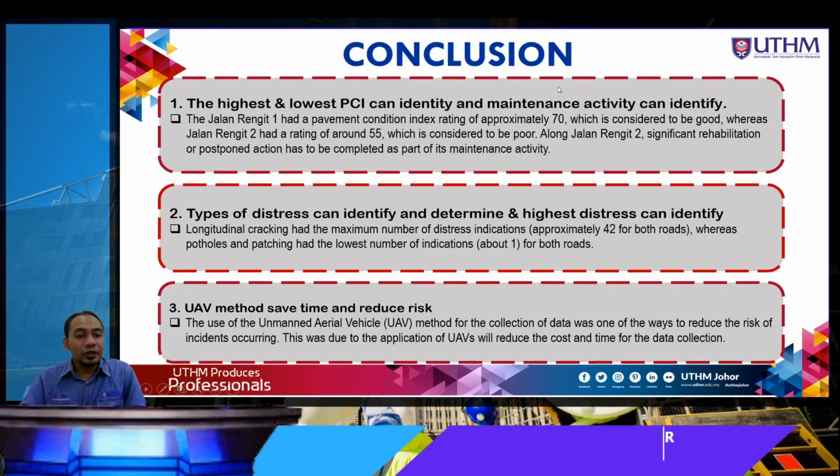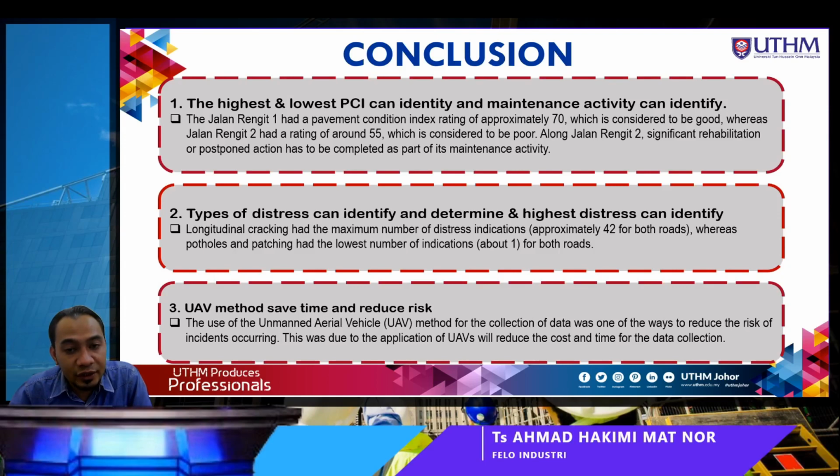Alright, for the conclusions, Jalan Ringit 1 had a pavement condition index rating of approximately 70, which is considered good, while Jalan Ringit 2 had a rating around 55, which is considered poor.